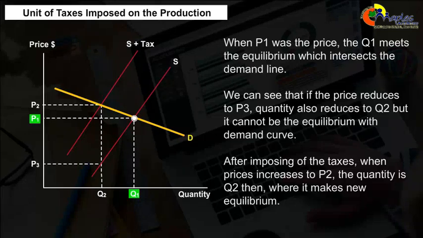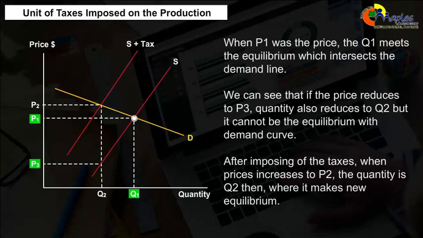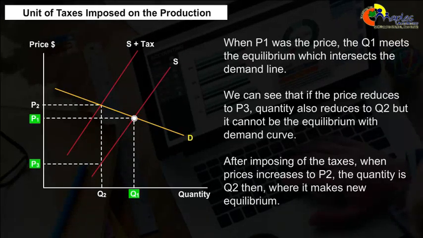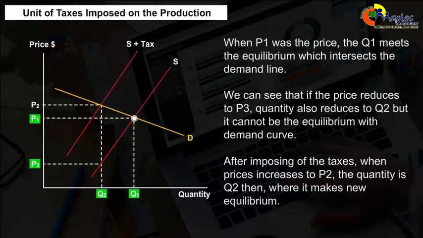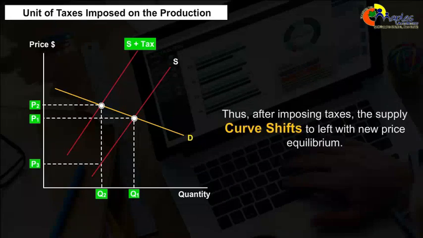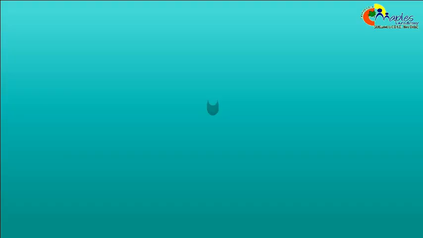We can see that if the price reduces to P3, quantity also reduces to Q2, but it cannot be the equilibrium with the demand curve. After imposing the taxes, when the price increases to P2, the quantity is Q2, where it makes a new equilibrium. Thus, after imposing taxes, the supply curve shifts to the left.